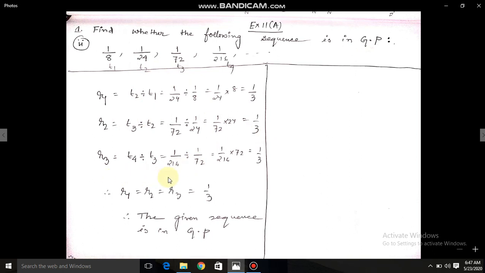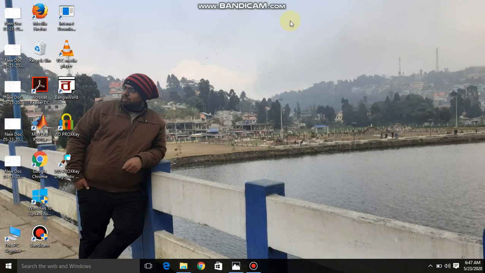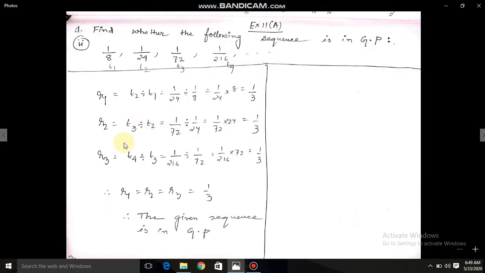And R3 is equals to T4 divided by T3, that is equals to 1 by 3. So you see R1, R2, R3 all are same, that is equals to 1 by 3. Therefore, the given sequence is in GP.